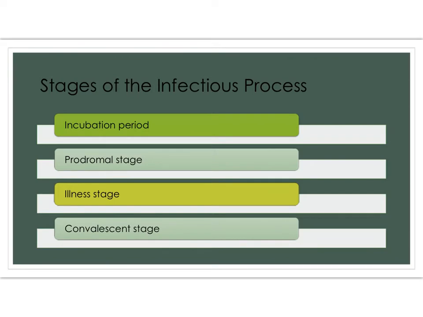They can be general in nature, like malaise, fever, muscle aches, headaches, fatigue. And during this particular stage, we move into the illness stage. The illness stage is where we feel the worst.